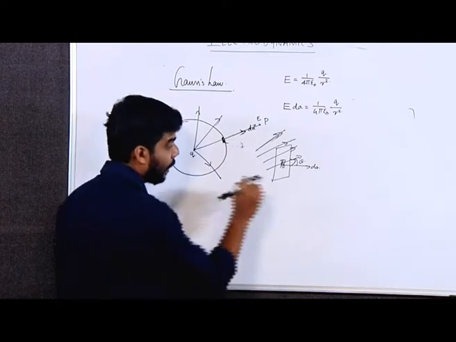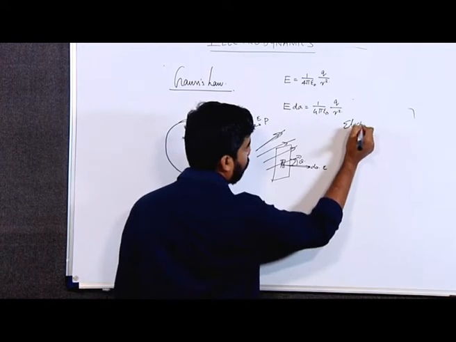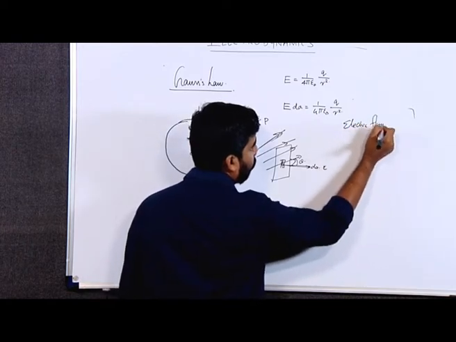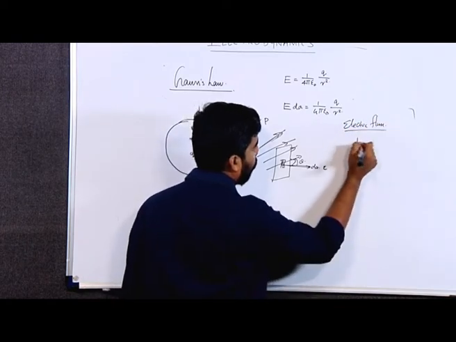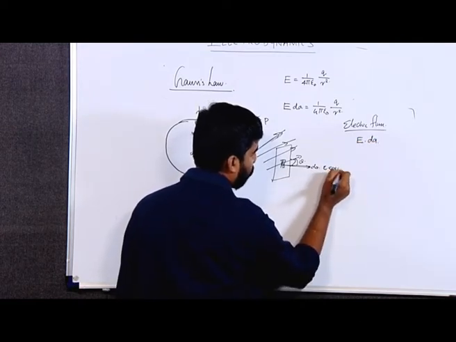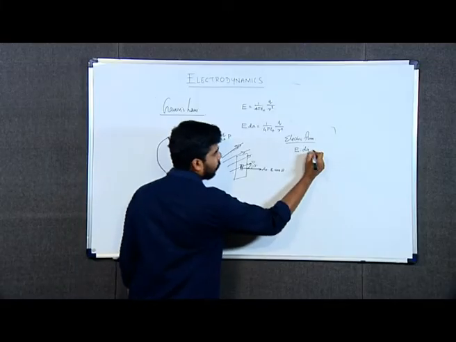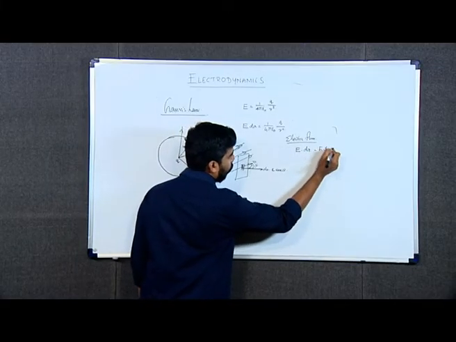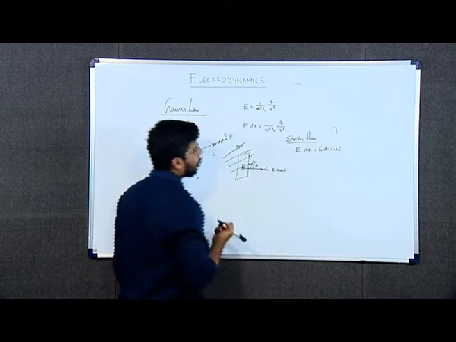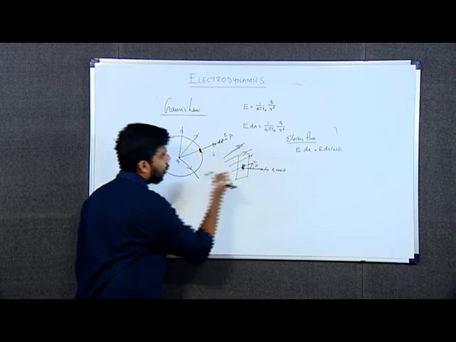That is actually the term electric flux, which is equal to E dot dA. Along this, the component of electric field will be E cos theta, which is equal to E dA cos theta. This is the electric flux through this small area dA.